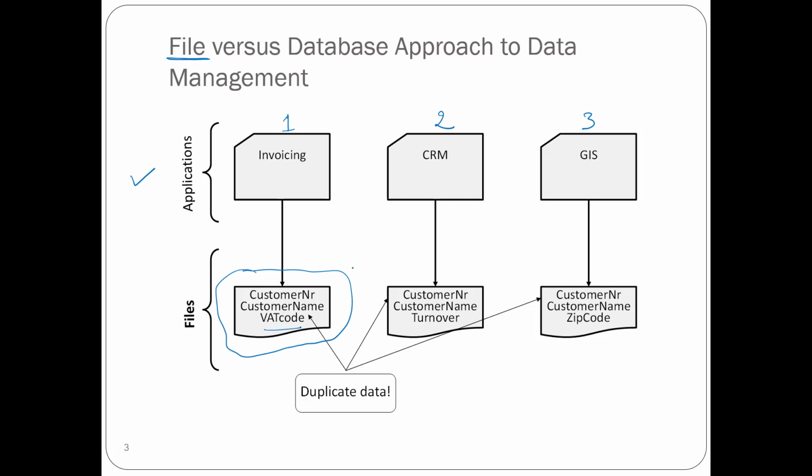Good. And how about the second application? The second application is CRM. CRM is also dependent on data, and CRM has its own file which has customer number, customer name, and turnover. And similarly, the third application, GIS, is accessing a file with customer number, customer name, and zip code. Good. So it seems okay, right?